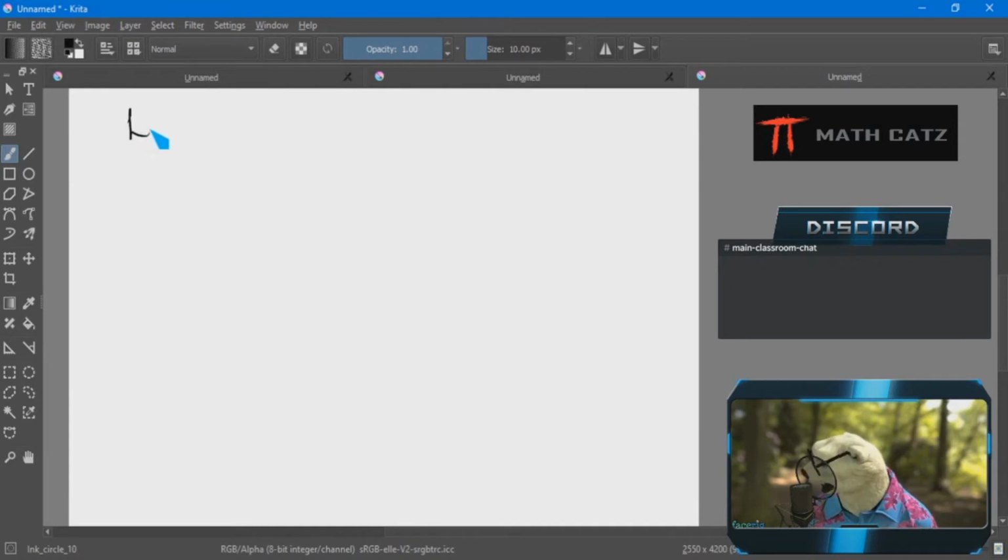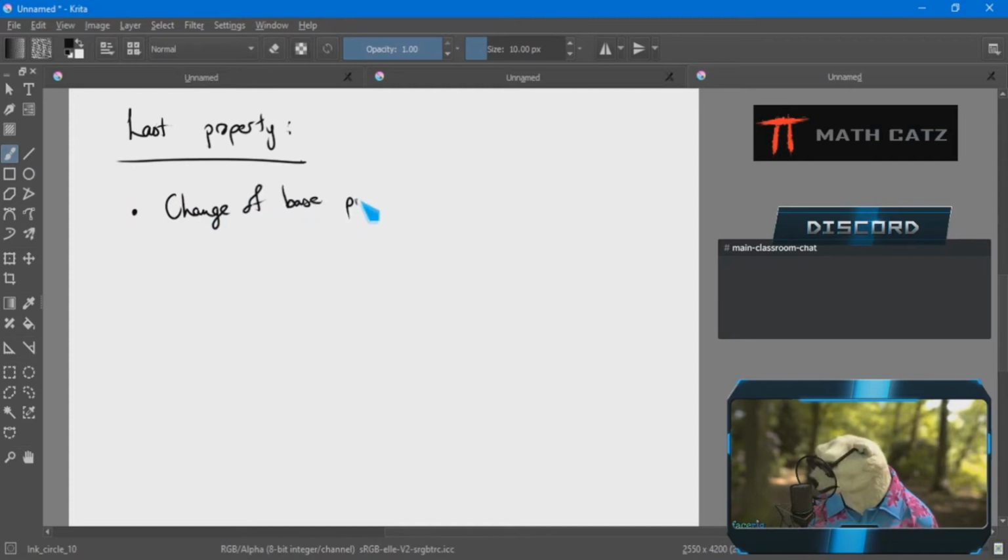Okay, last property. So if you look back, there are 6 of them, 6 properties, with different degrees of importance. Some are crucial, some are optional. Here's the other property, the last one. I'll give it a name, actually, because it has a name. It's the change of base property.